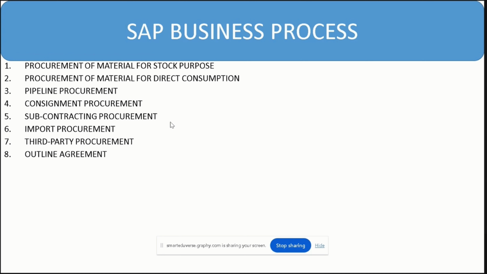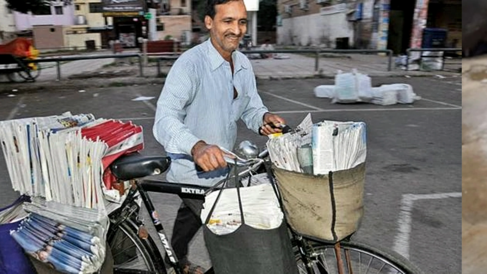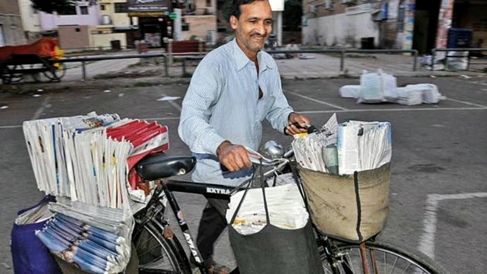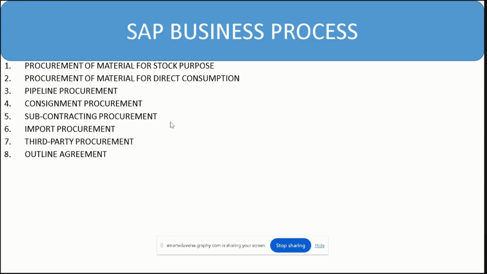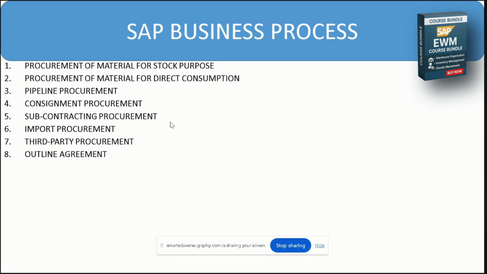A typical household example is when you buy milk or newspaper from a vendor. You don't ask them daily that tomorrow you'll need milk or the newspaper. You tell them that you will need the newspaper from tomorrow onwards, and every day they provide you the item.